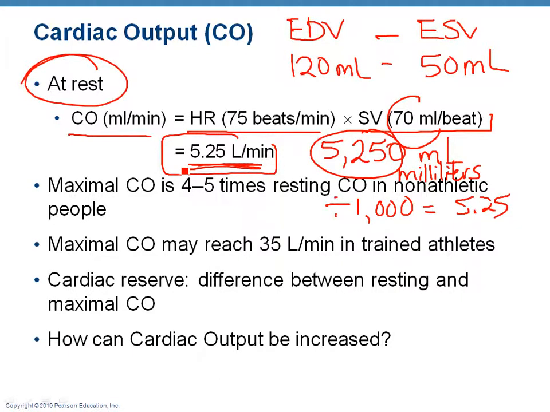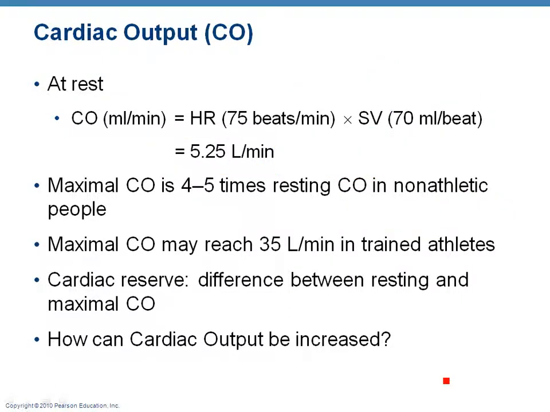Cardiac output is typically given in either milliliters per minute or liters per minute. Okay. Now, interestingly, every minute your heart is pumping 5.25 liters of blood out of the ventricles.